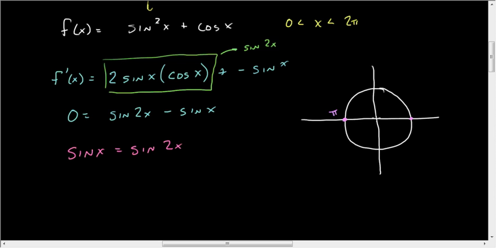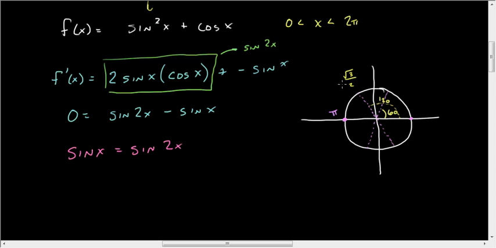If you look at it, this makes it easier to see. On the top, this is 60 degrees. This is 120 degrees, and you'll notice the sine values are the same. They're both the square root of 3 over 2.